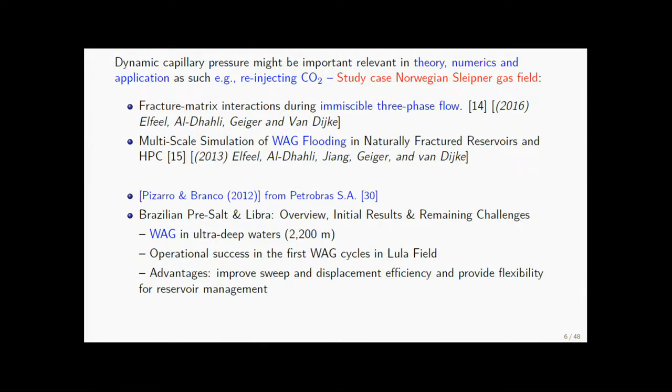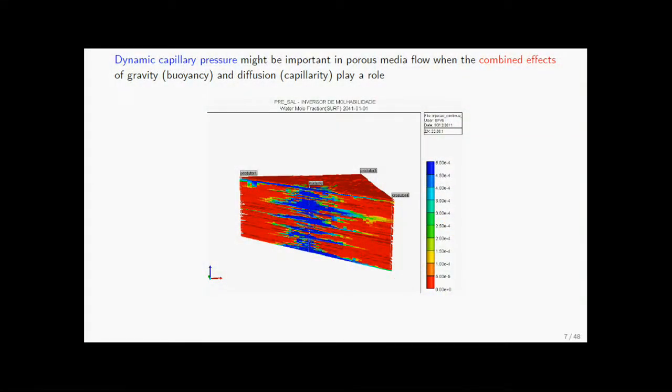And from Petrobras here in Brazil, we have some kind of WAG experience in deep reservoirs in the pre-salt. So put this together, we can see this sample from Petrobras. It's not a real one, but it resembles what happens in practice. This is from Petrobras, actually.